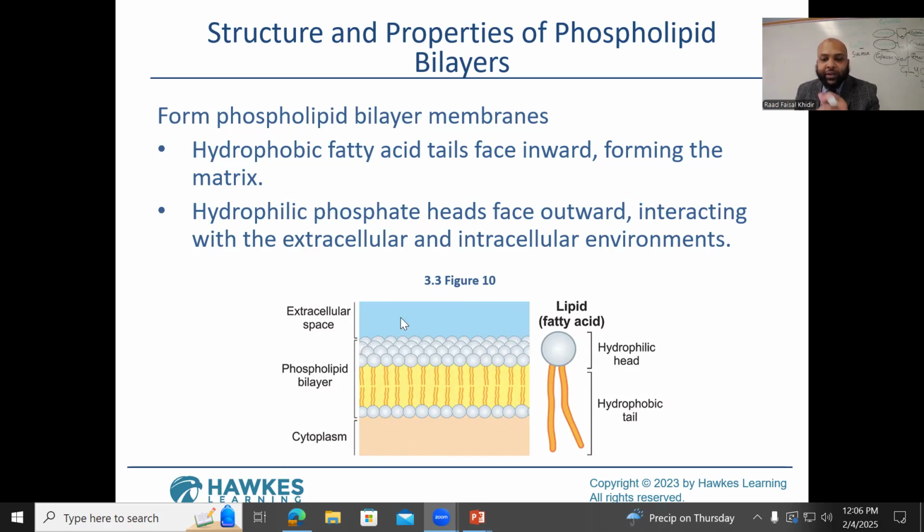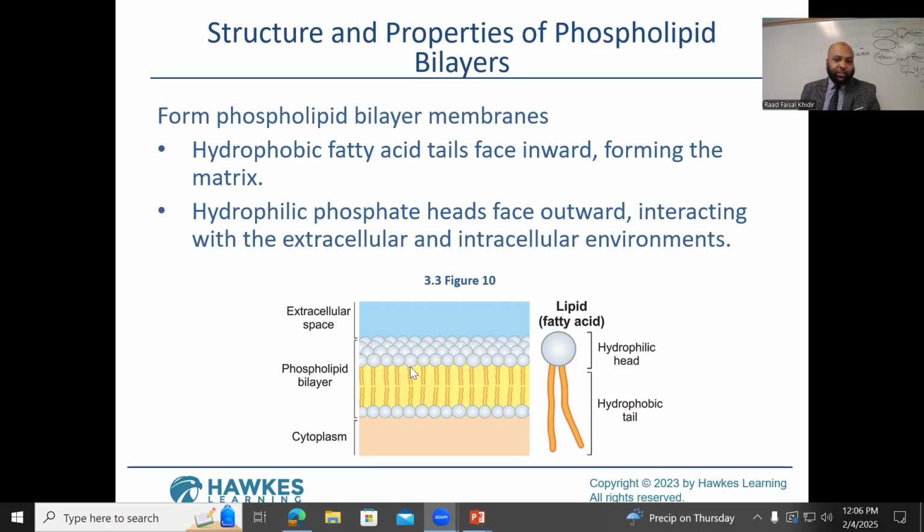And on the top you have a phospholipid head, so you're facing the extracellular space that is polar, so that's facing the phospholipid bilayer. On the bottom you have the cytoplasm that is facing this phospholipid bilayer.